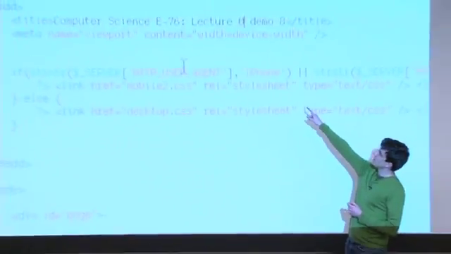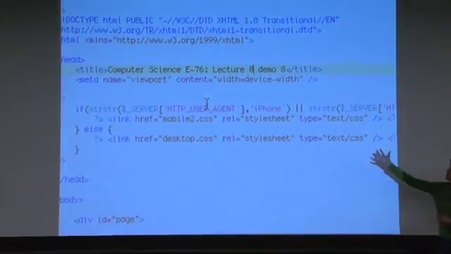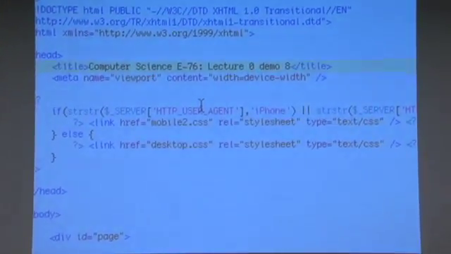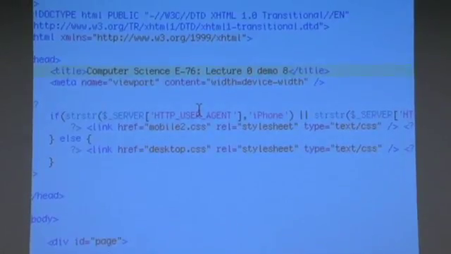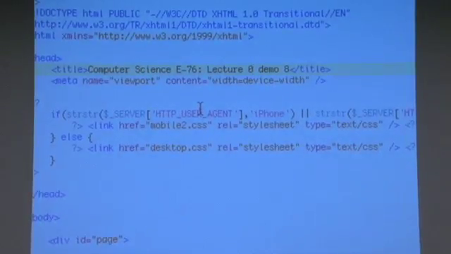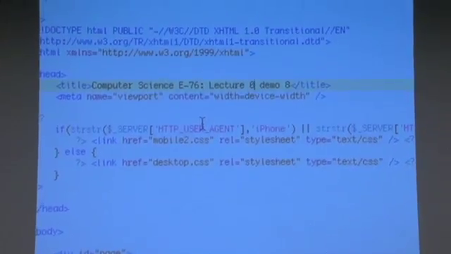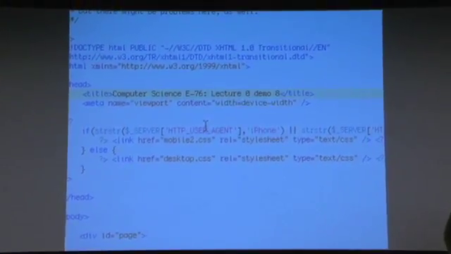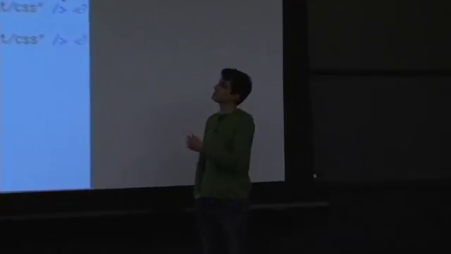So when the server receives all of these headers and processes this script, it tries to determine if iPhone or Android exists within the user agent string that was sent to it, and then it writes out in the actual HTML the proper style sheet that we want. Now, this may not have a huge advantage over using one of the client-side JavaScript methods that we saw before.